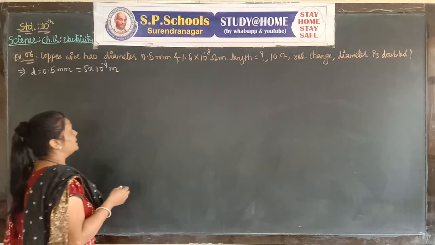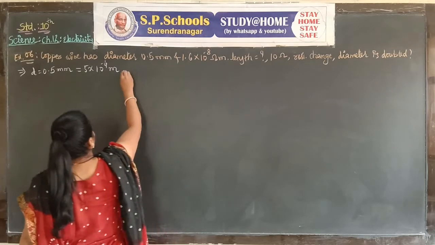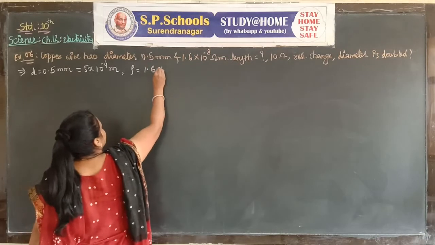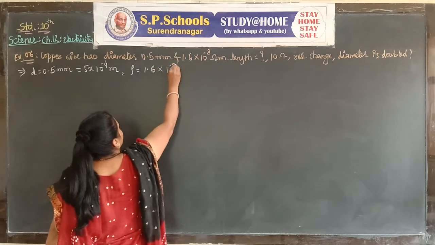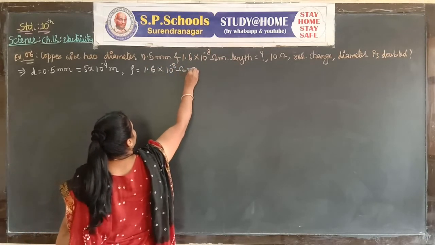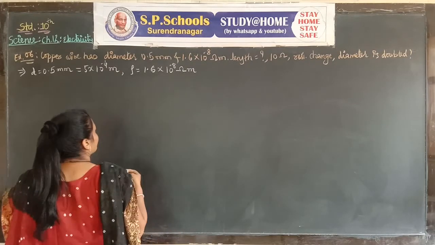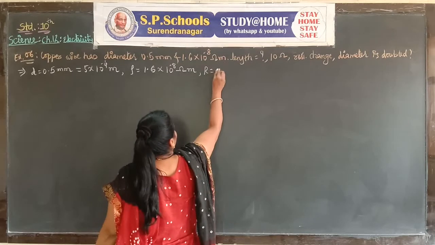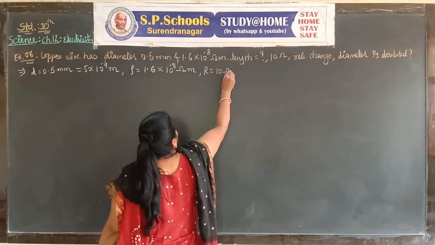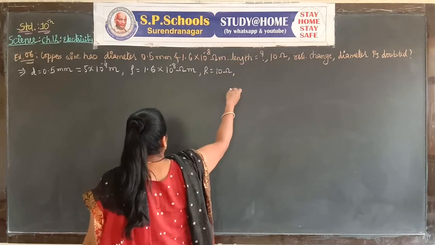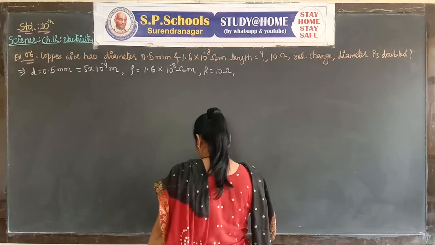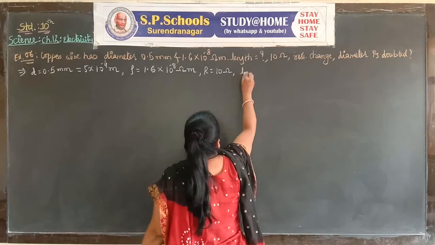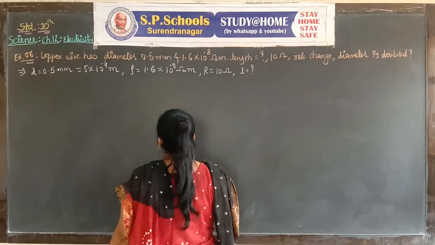Resistivity rho is equal to 1.6 into 10 raised to minus 8 ohm into meter. We have to find the length, and the resistance is already given as 10 ohm. We find the length, small l.